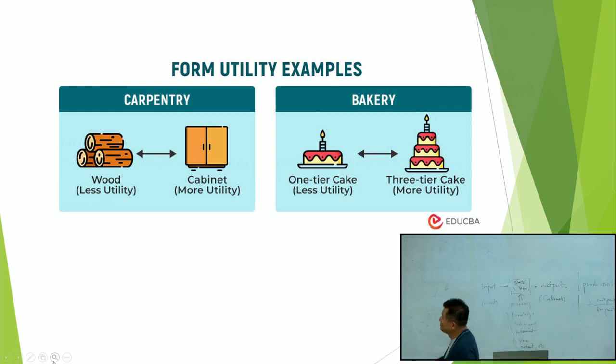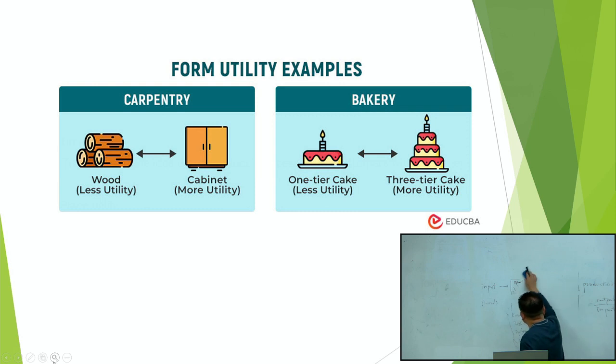Also, the bakery: a one-tier cake, but put in the idea, oh, this is a 3-tier cake. This has more utility, a better shape and more status, and the decoration is better. So a 3-tier cake is more satisfying than a 1-tier cake. This is form utility.